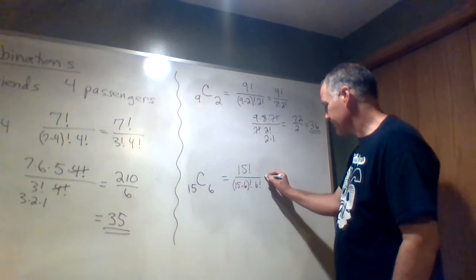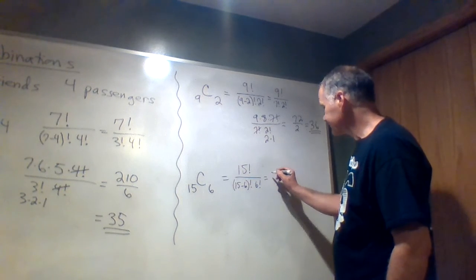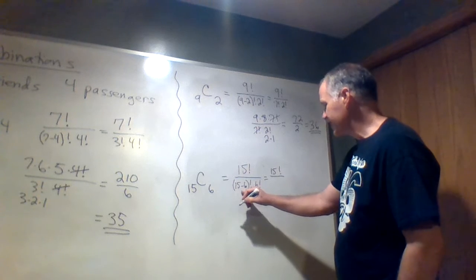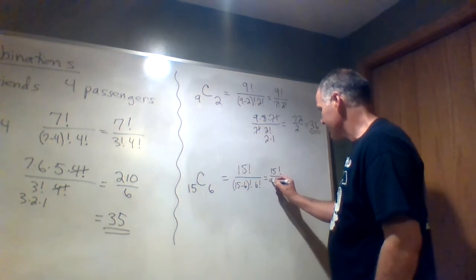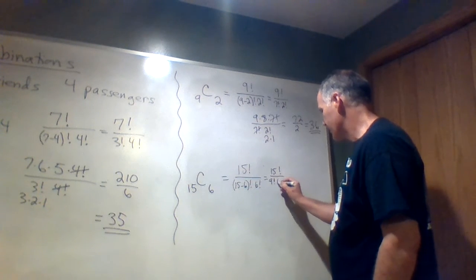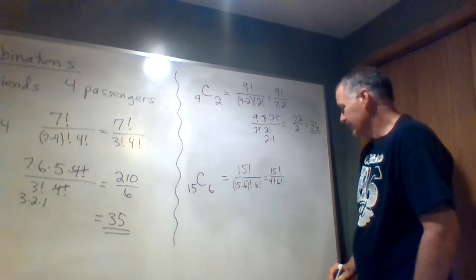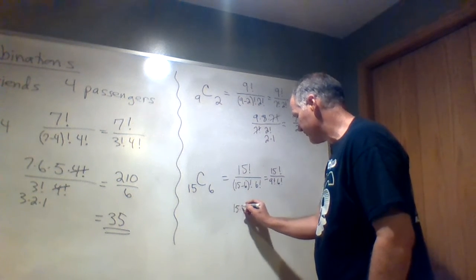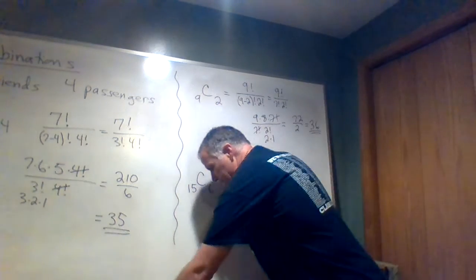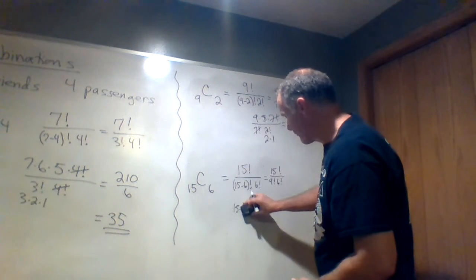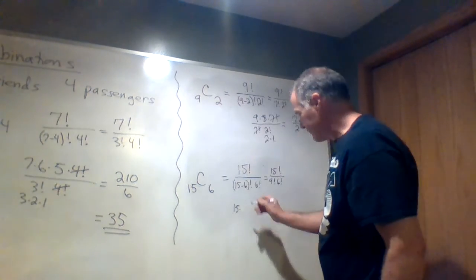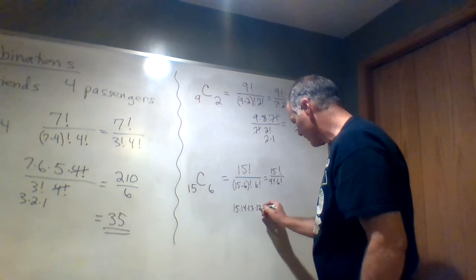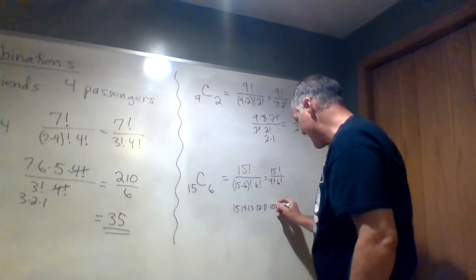Okay, let's move sideways here. So we got 15 factorial. 15 minus 6 is 9 factorial. 6 factorial. This one's going to be a little bit harder. So we got 15, 14, 13, 12, 11, 10.